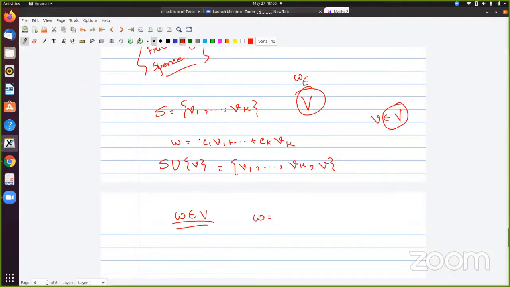That element has a linear combination, as I have already said. Now for the last one, I can put 0, no issue. So still it is a linear combination, right? So the new set, suppose this is my S prime, will also generate all the elements, correct? So S prime must be a spanning set of V.